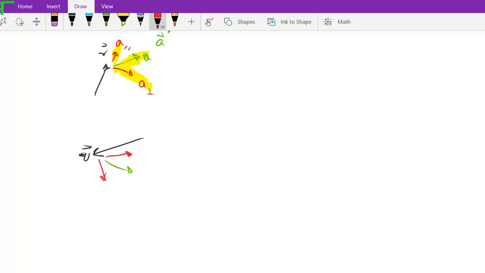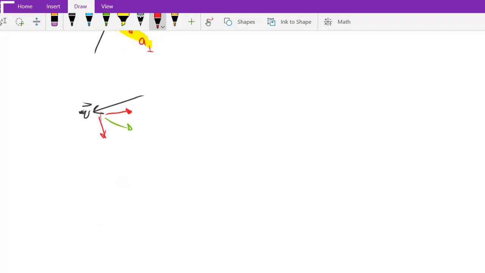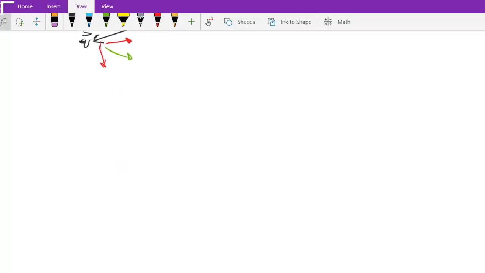Just adding these vectors graphically, we can see that the two red vectors make the green vector. And so then this would be turning to its left, and it'd be slowing down. So if we have an acceleration parallel, it speeds it up. Anti-parallel slows it down, and perpendicular, it changes its direction. It causes it to turn.